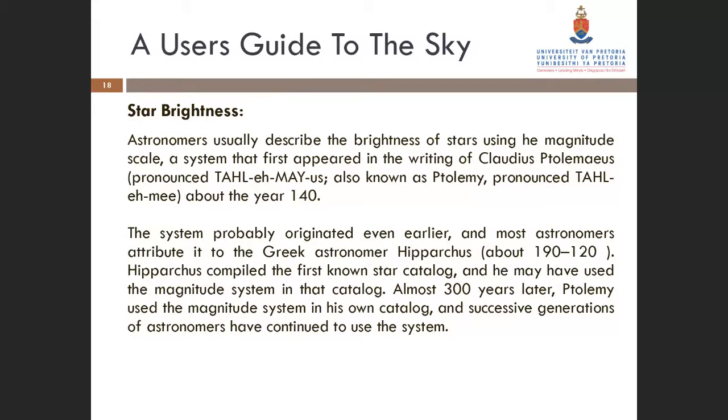The system probably originated even earlier, and most astronomers attribute it to the Greek astronomer Hipparchus, about 190 to 120 BC. Hipparchus compiled the first known star catalogue, and he may have used the magnitude system in that catalogue. Almost 300 years later, Ptolemy used the magnitude system in his own catalogue. Successive generations of astronomers have continued to use the system.